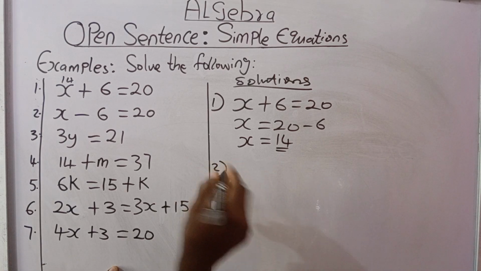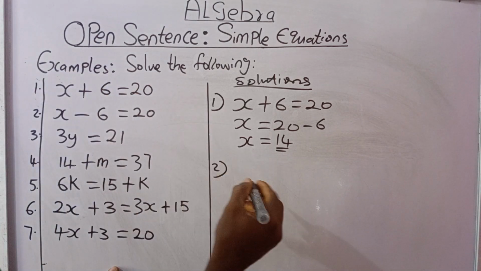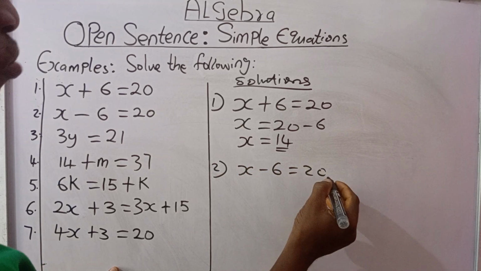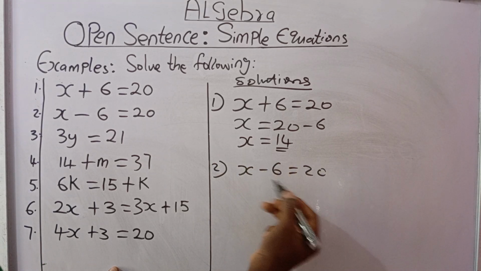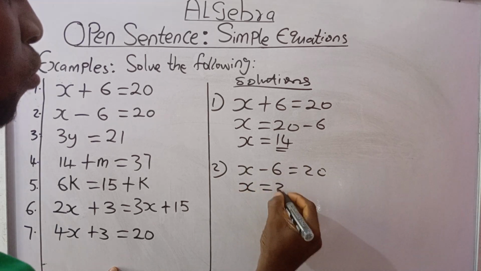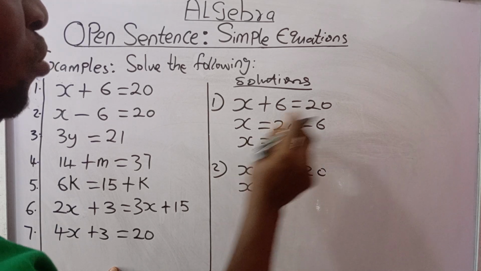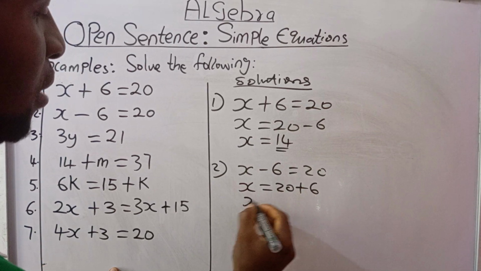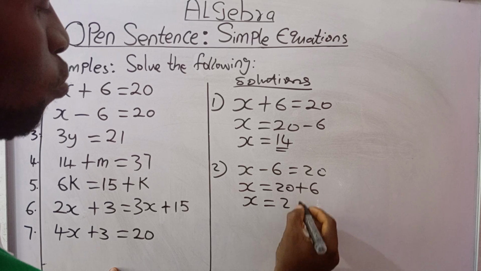Then number 2, using a similar approach, we have x minus 6 is equal to 20. So how do we address this one? We collect like terms by letting minus 6 move to the other side. We have it as x is equal to 20. When minus 6 crosses to the other side, what does it become? Plus 6. Then x will now be equal to 26.